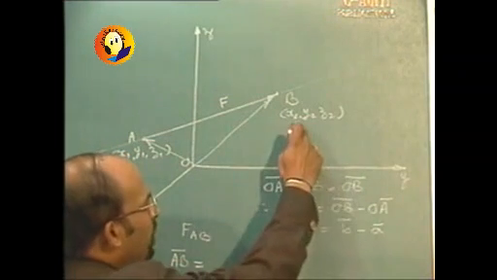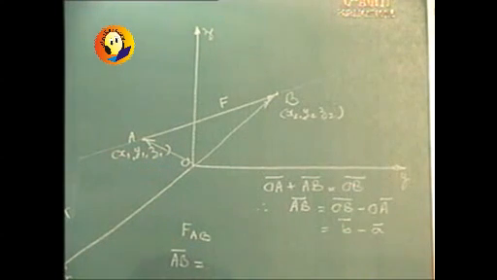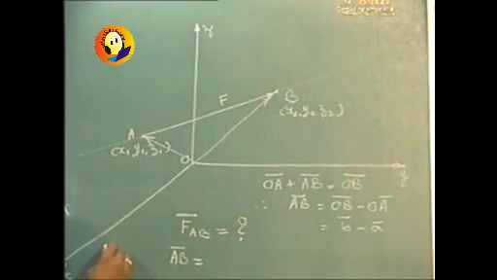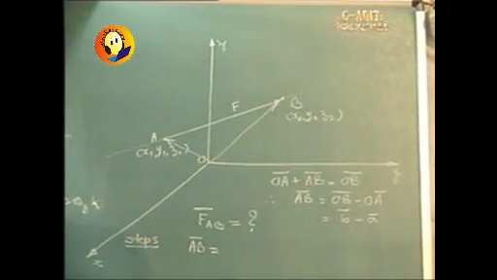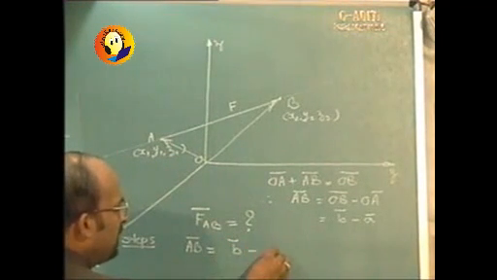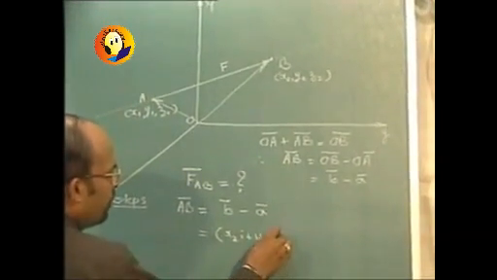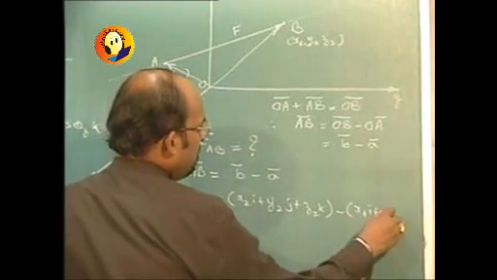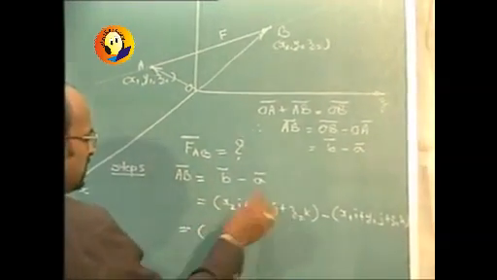Whereas B bar in this case will be x2 i plus y2 j plus z2 k, and A bar will be x1 i plus y1 j plus z1 k. As we want to find the force F bar AB, stepwise we first find AB bar, and AB bar will be found as B bar minus A bar. So it will be (x2 i plus y2 j plus z2 k) minus (x1 i plus y1 j plus z1 k), the respective direction subtraction.